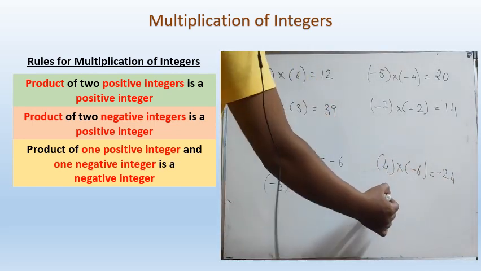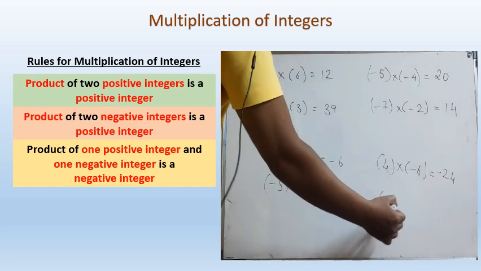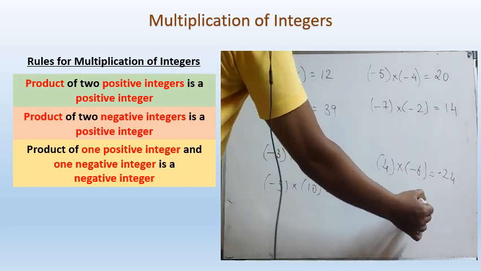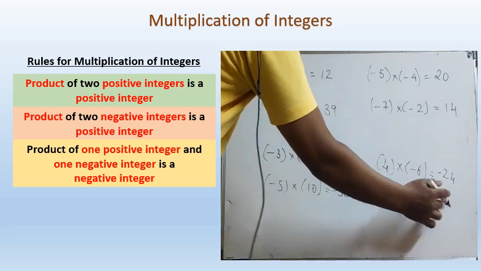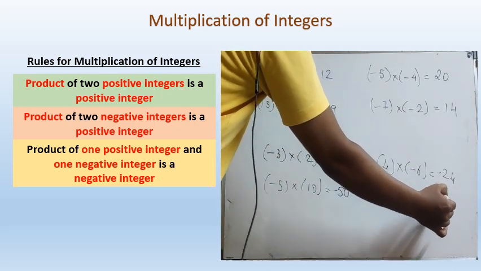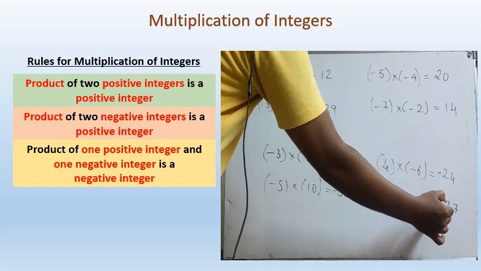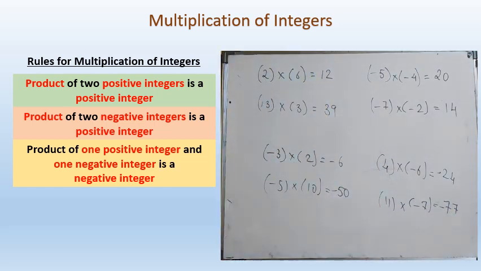One more example. So if you have 11 multiplied by -7. Okay. So what will be the answer over here? You will have 77 with a minus sign. Understood?